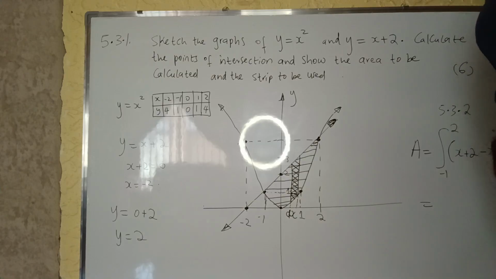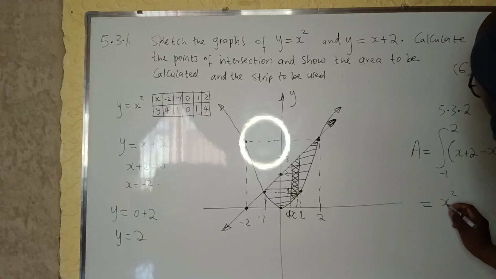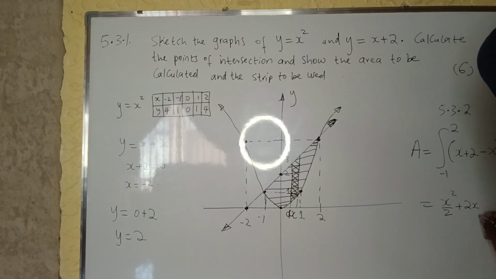Right, we start with integration. x squared divided by 2 plus 2x minus x exponent 3 divided by 3. We have 2 and -1. So we carry on like that. There are no like terms here.